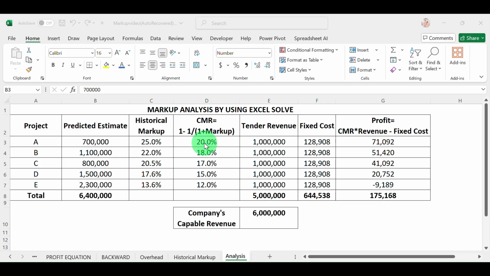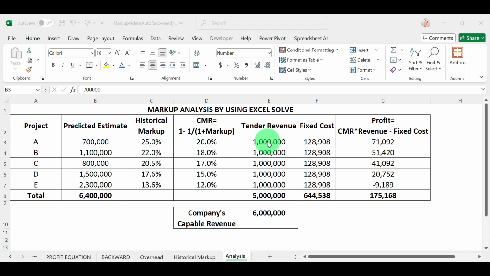So it ranges from 20% to 12.0%. And our tender revenue means what's the amount of tender revenue, and what projects we should follow.